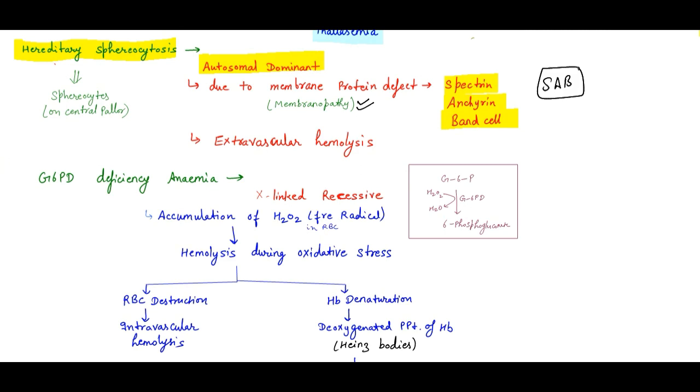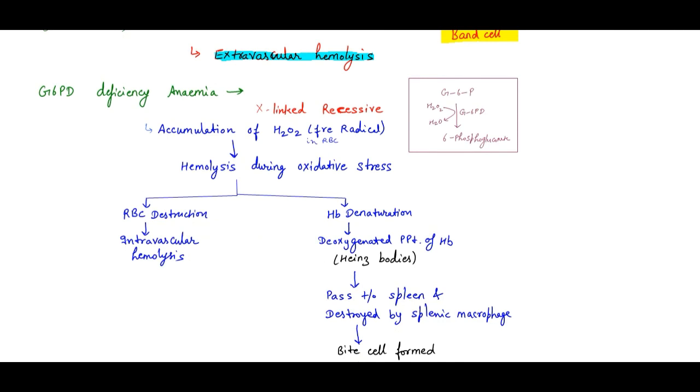It is due to mutation of spectrin, ankyrin and band 3. Just remember, hereditary spherocytosis is autosomal dominant, due to RBC membrane defects in spectrin, ankyrin and band 3. Okay, the next is G6PD deficiency.